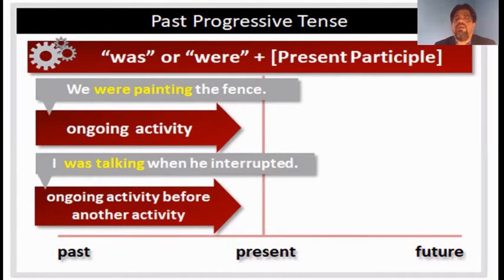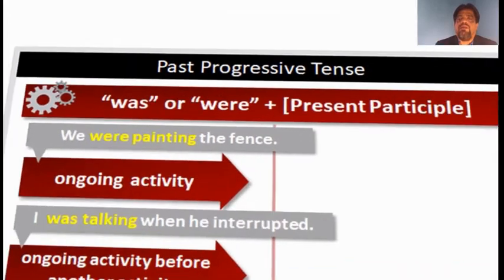When he interrupted and stopped my talking, it is not that I talked and you were interrupting. That may not be the right way to say. So it is an ongoing activity before another action, and it happened in a definite past time.